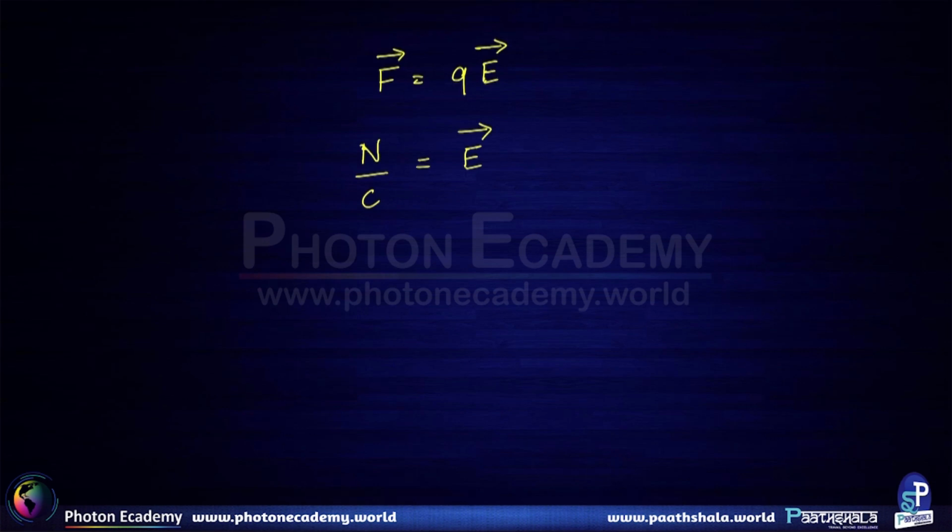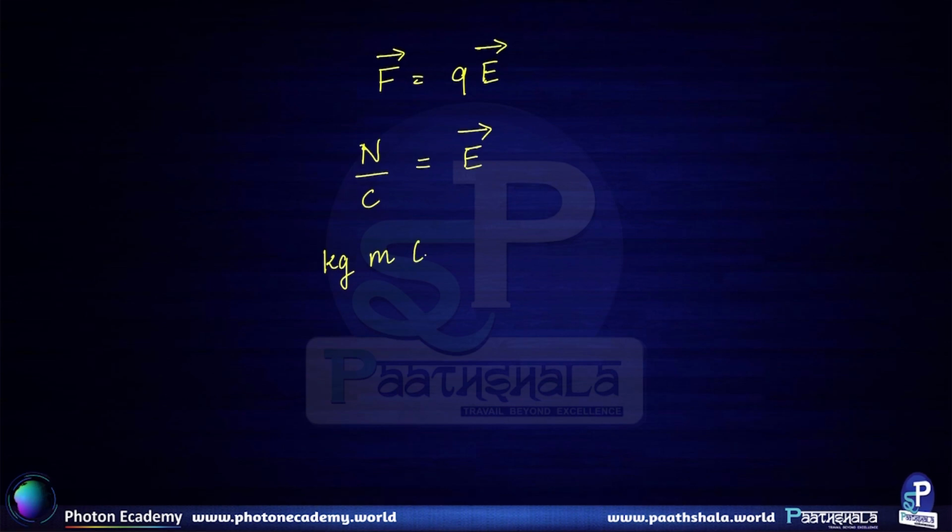Now newtons can be written as kg meter second raised to minus 2, and coulombs can be written as ampere second.